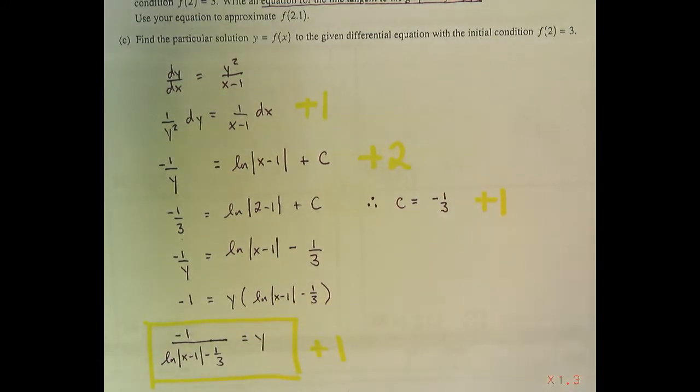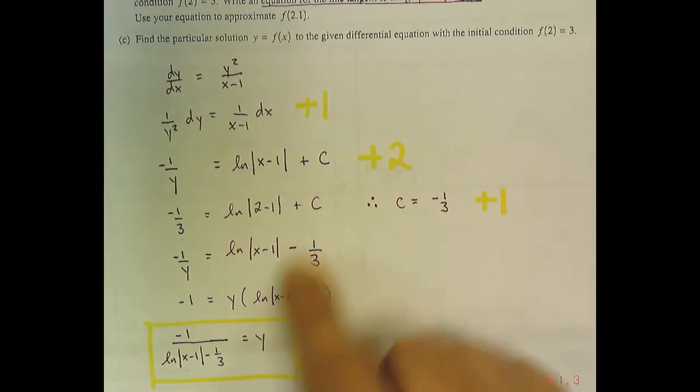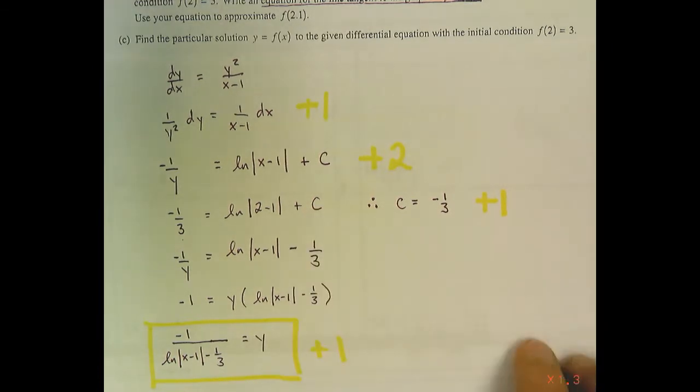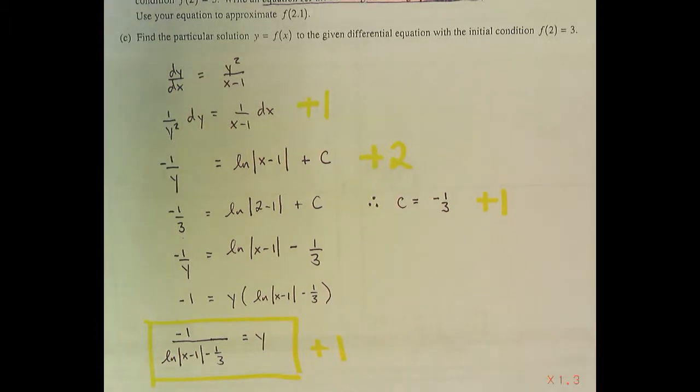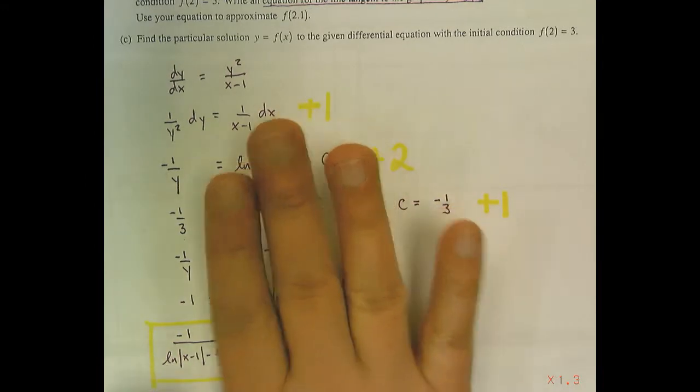Okay. All in all, this is a pretty straightforward problem. There wasn't a lot of difficulty in solving for y, or the constant of integration, finding that value. No heavy lifting on the algebra, but pretty straightforward. Typically, this part is worth 5 or 6 points.